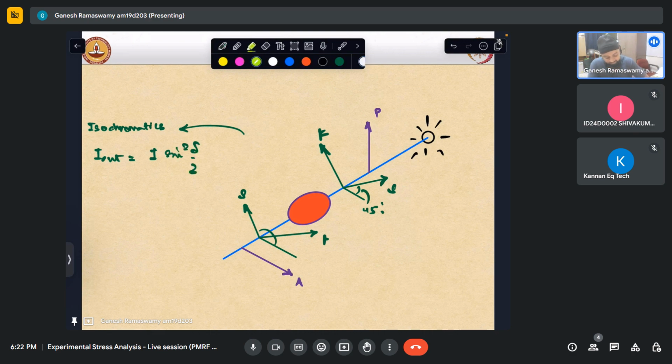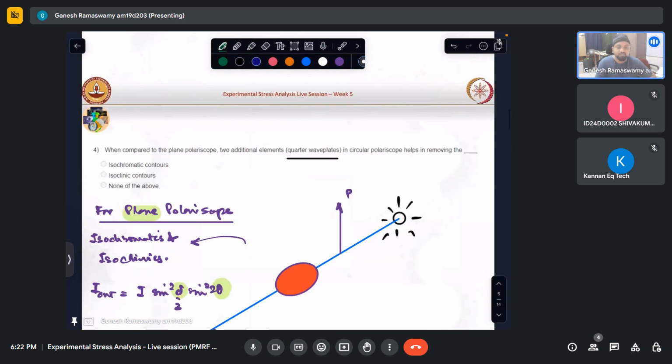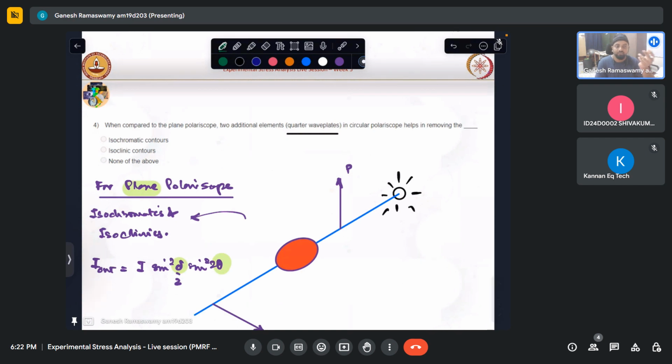So I have only a retardation dependence. I no longer have the angular dependence. So for a circular polariscope, I see only isochromatics and I don't see isoclinics. And there is no arrangement where I can see only isoclinics.